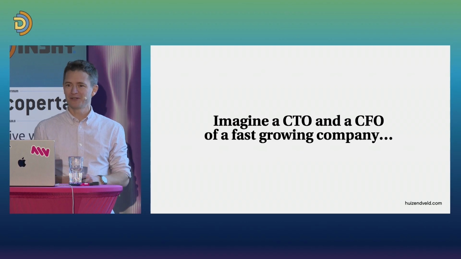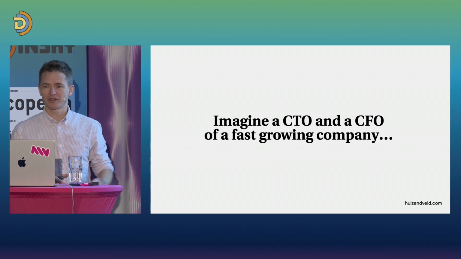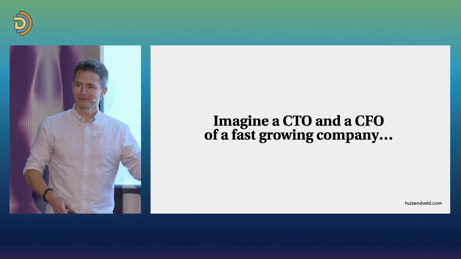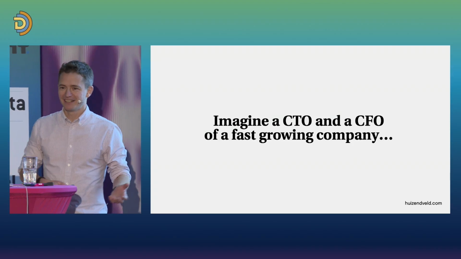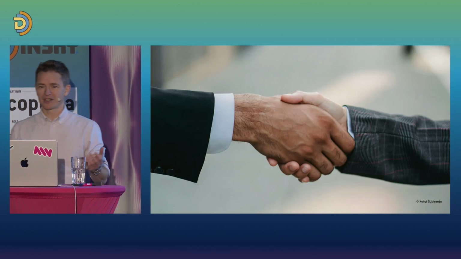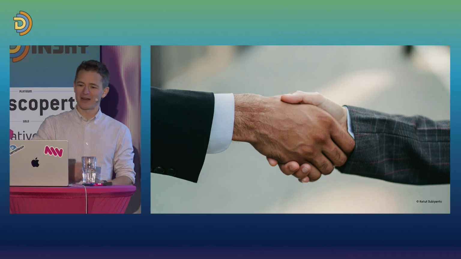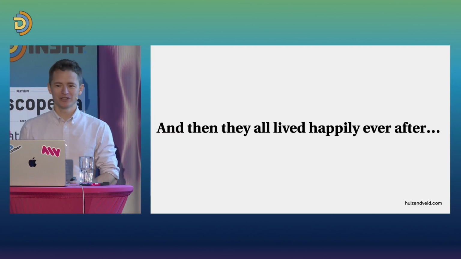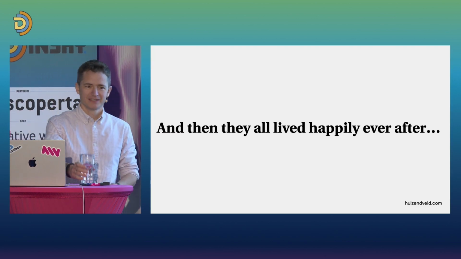But right now, that entails going to a particular software team and saying, can you please fix this for me? And then we have to wait in line for that to actually get fixed. So they make an agreement together in the board and they say, we're going to buy something, right, in the market that does all of this for us. And then they all lived happily ever after.